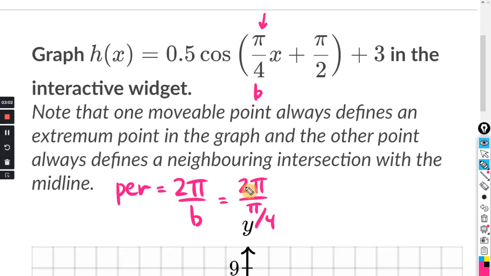Keep, change, flip. Keep 2 pi, change division to multiplication, and flip pi over 4. And now it's 4 over pi. Pi over pi cancels, and 2 times 4 is just 8. So the period is 8.